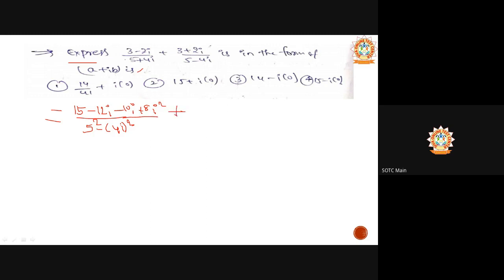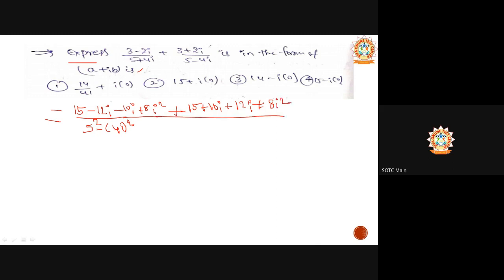Plus, then 5 into 3, 15. Next, 10i. Plus 12i plus 8i square. Clear? Right?